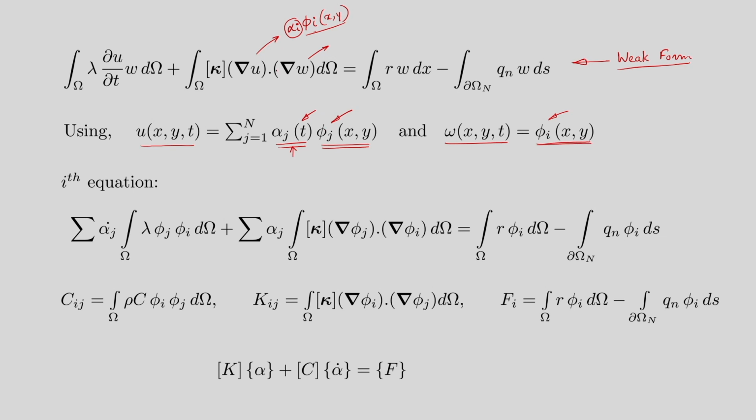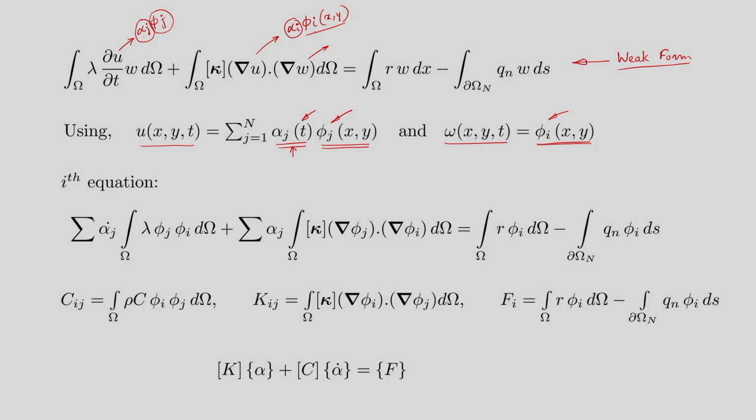So, let us go ahead and replace these expressions of u's and w's in this weak form and find out the corresponding discrete equation. So, what we will get? If I substitute here alpha j phi j, alright, here phi is a function of x and y and alpha is a function of time.